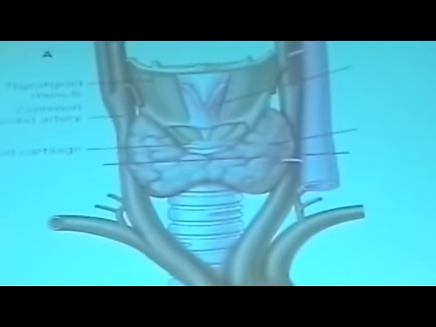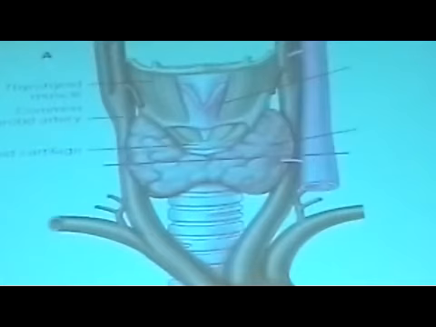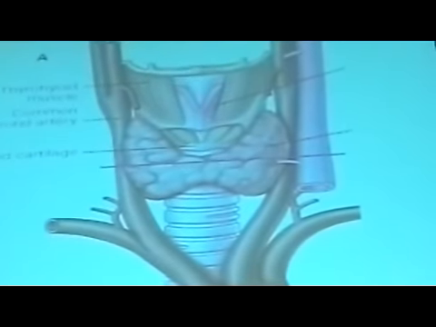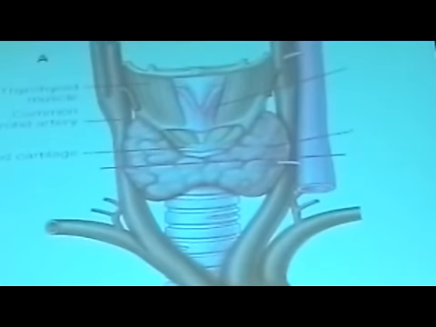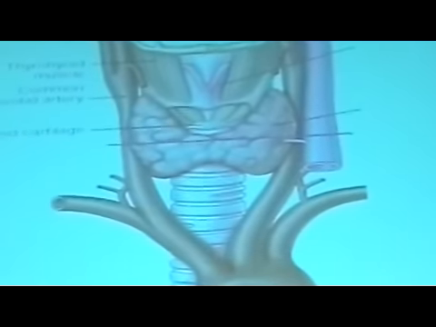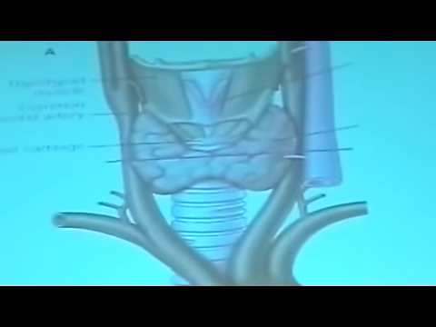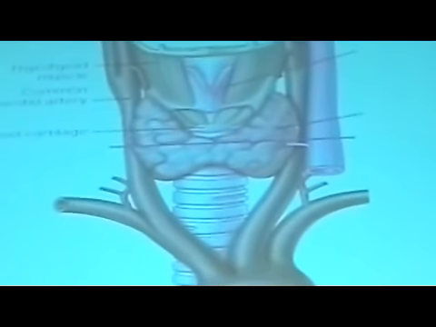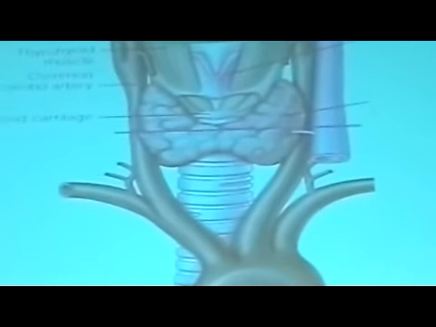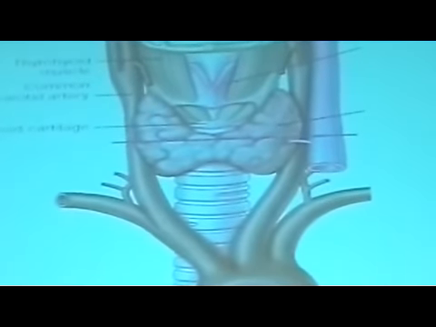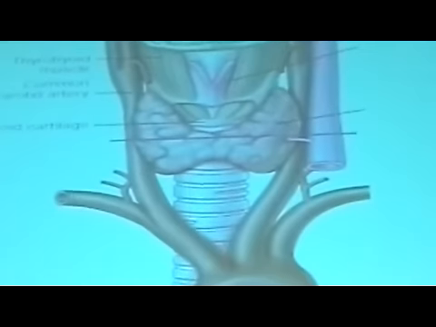The surgeon must ligate the superior thyroid artery very near the gland, here, to avoid the external laryngeal nerve. But the inferior thyroid artery is ligated away from the gland, to avoid injury to the recurrent laryngeal nerve.